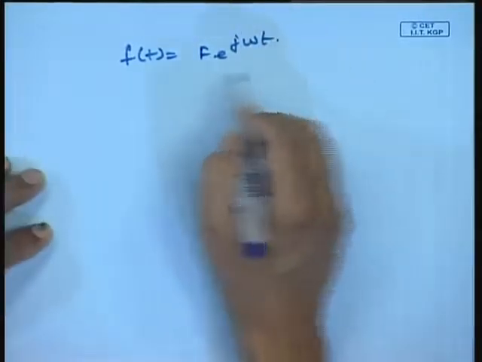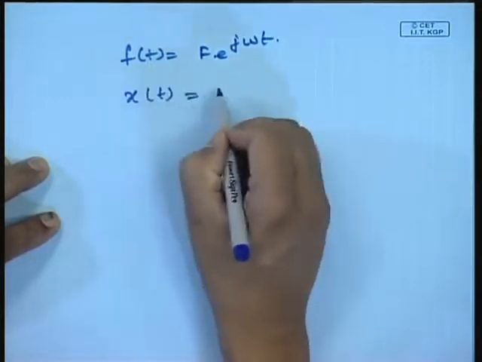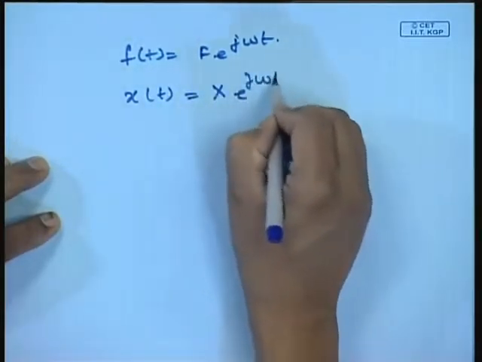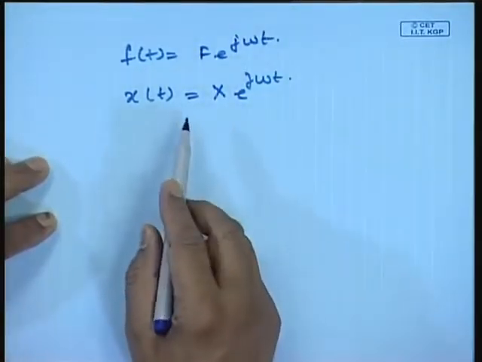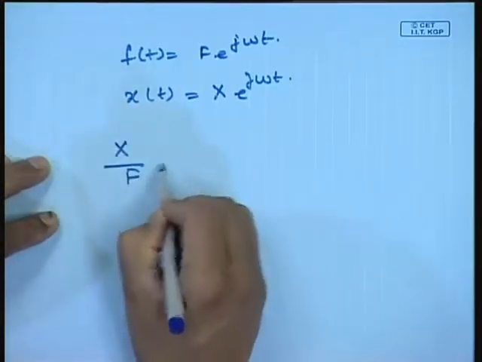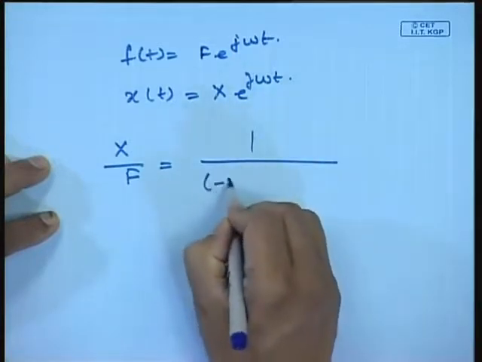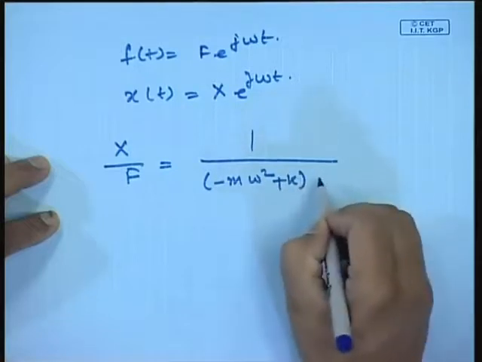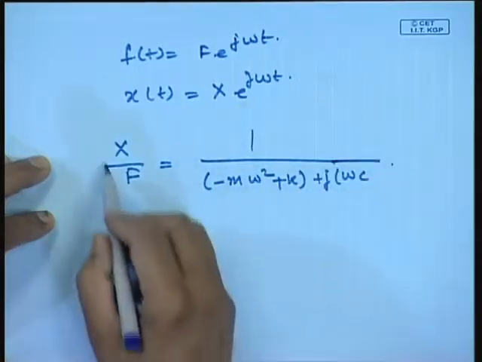Similarly, I will have a response x(t) which is nothing but X e to the power j omega t. By substituting such an equation in the equation of motion, I will have this form: X by F is equal to 1 by minus m omega square plus k plus j omega c.